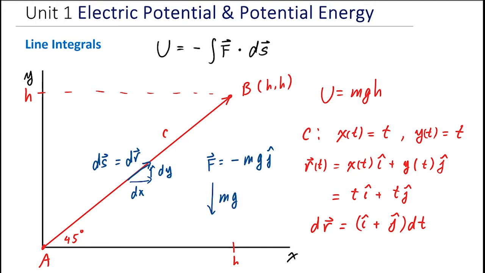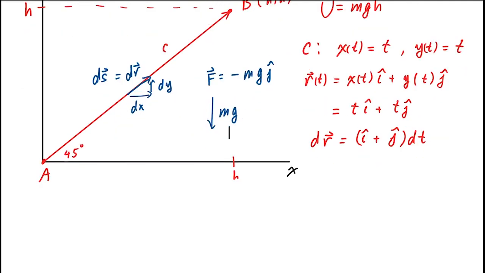Then we'll evaluate this integral, F dot ds or dr. So we have to take a dot product, and from t is equal to 0 to h. Actually, we'll just write it as curve C. This is the general form, or if your physics book uses ds here.